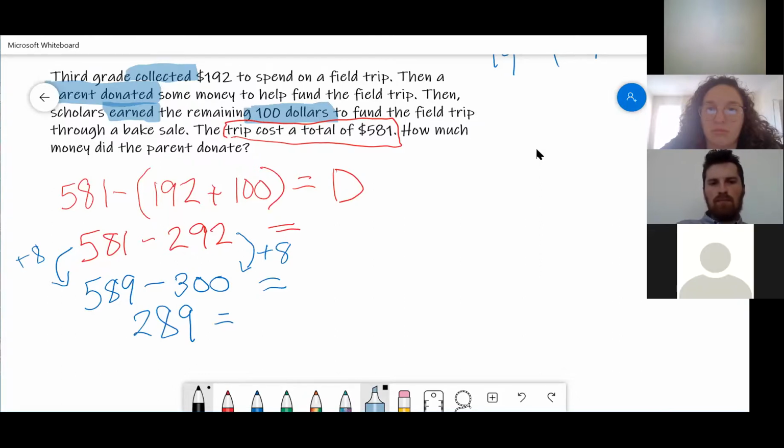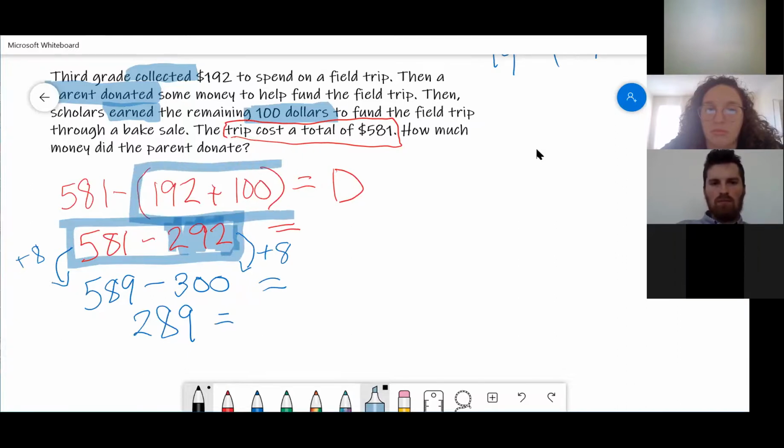We don't want to just jump into doing 581 minus 292 right away because we want to show where we got that 292 from. And as good mathematicians, we show that by adding this. That might be something that you did in your head, but you want to make sure you're doing that as a good mathematician in each of your equations.